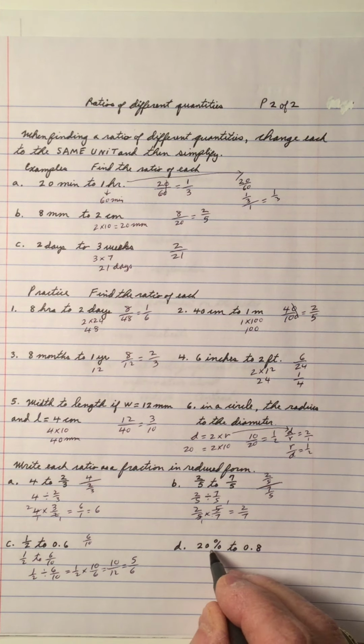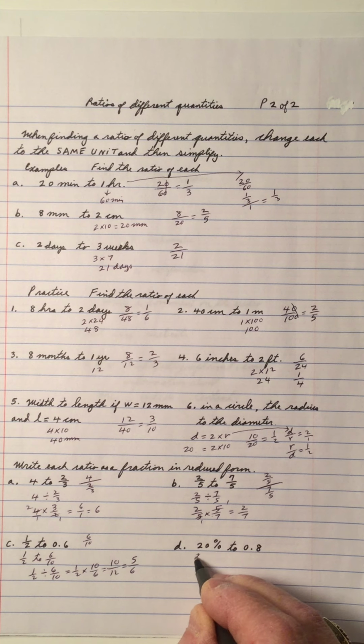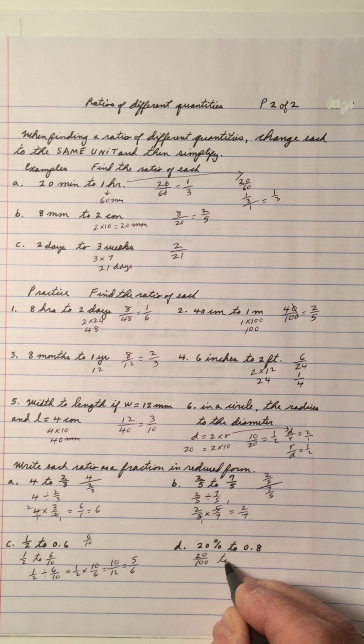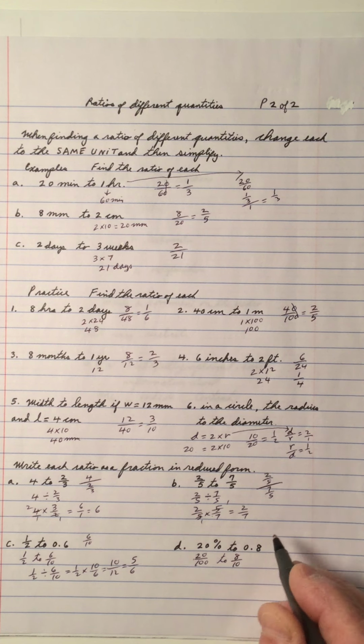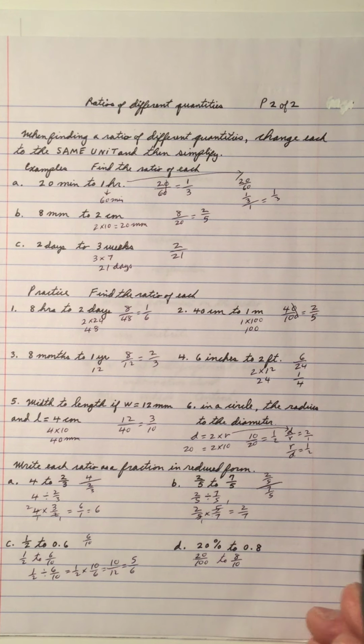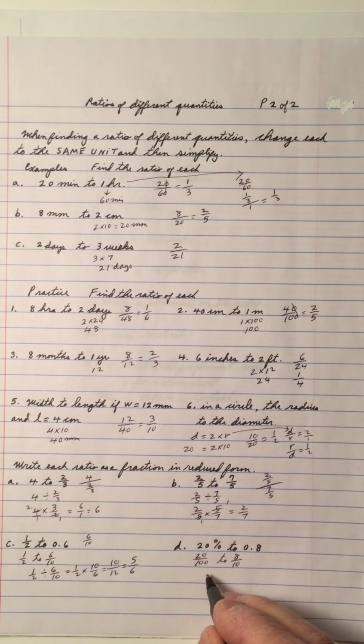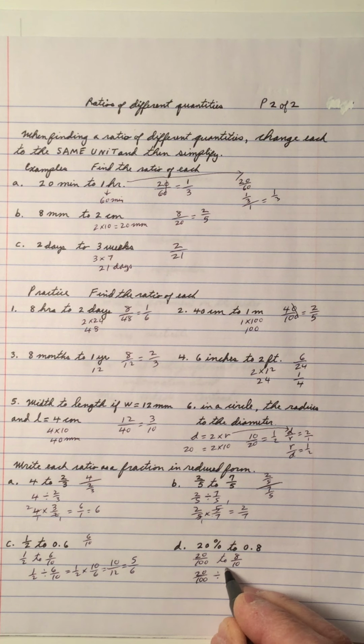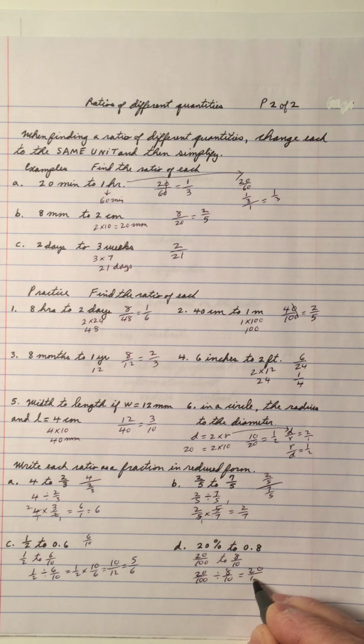Now I want a fraction for 20%, so that's 20 over 100. Percent is out of 100. To decimal 0.8 is 8/10. I could make 8/10 4/5. But if I leave it like that, so that's 20 over 100 divided by 8 over 10, which is 20 over 100.